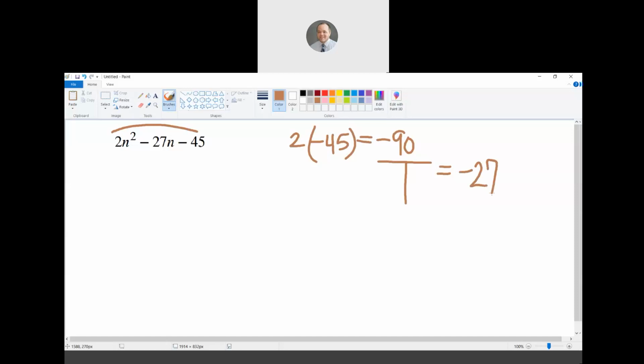Through much trial and error, it'll take you a few minutes, but you'll eventually get the right pair of factors. The correct pair of factors is negative 30 and positive 3. Negative 30 times 3 is negative 90, and negative 30 plus 3 is negative 27.